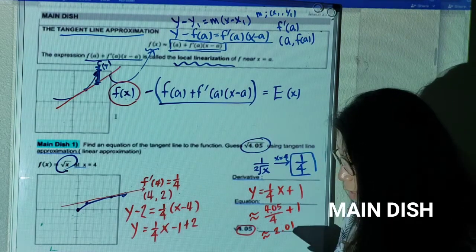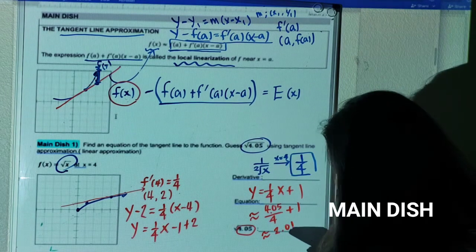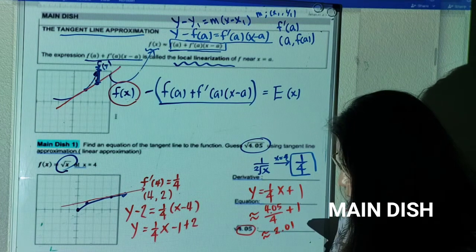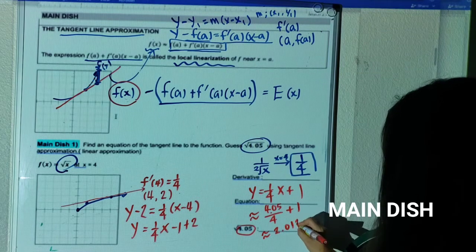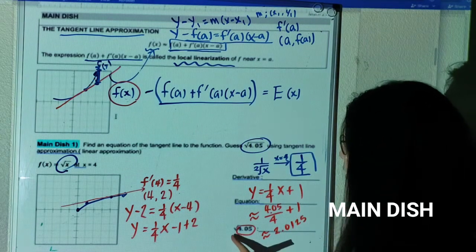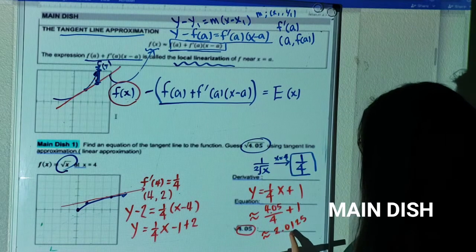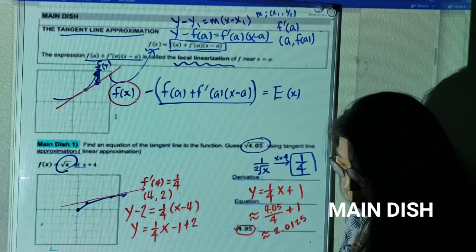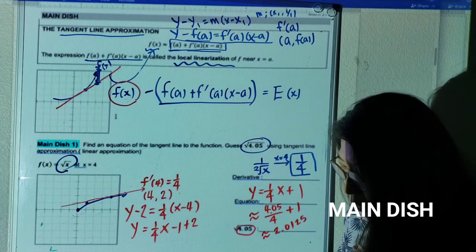So let me punch it into the calculator just to make sure. 0.05 divided by 4 plus 1. Yeah, I got 0.0125. So my approximation of the square root of 4.05 is 2.0125.